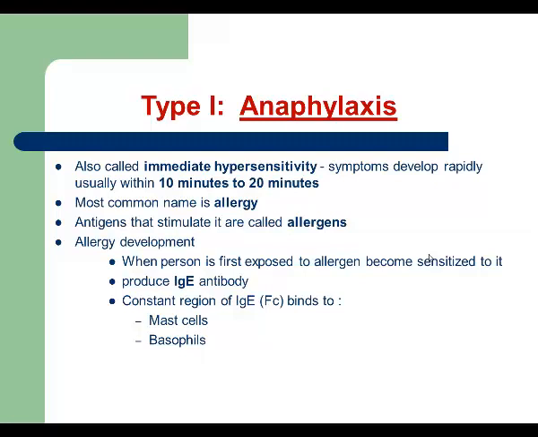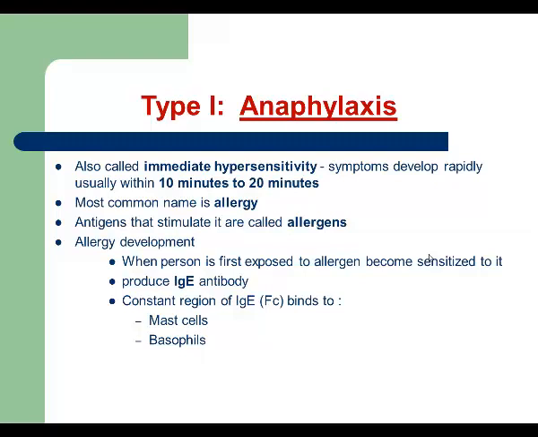As I said, if a person is exposed to the allergen for the first time, it will stimulate production of IgEs. Immunoglobulin Es will attach to the surface of the mast cells and the patient becomes sensitized. No symptoms of allergic reaction yet.